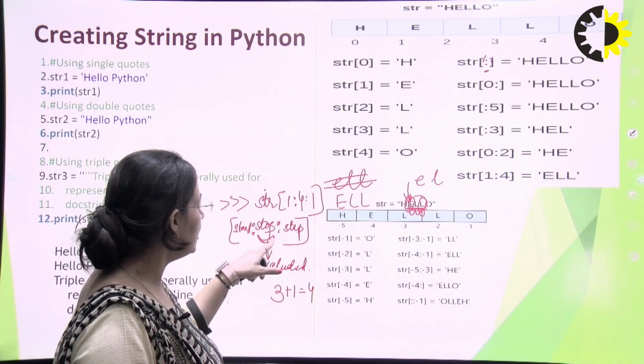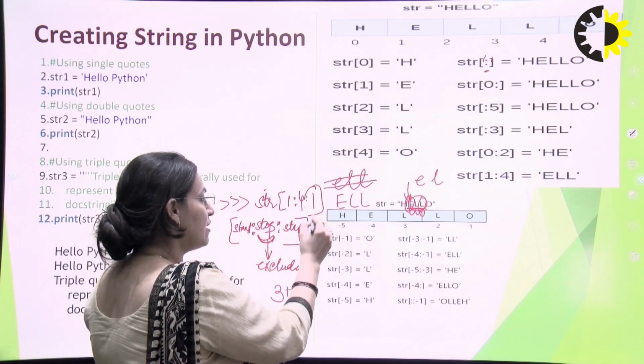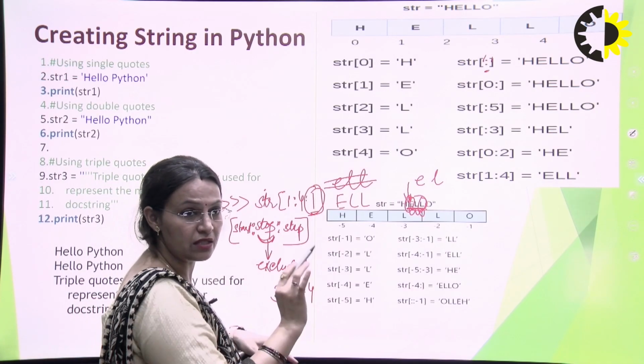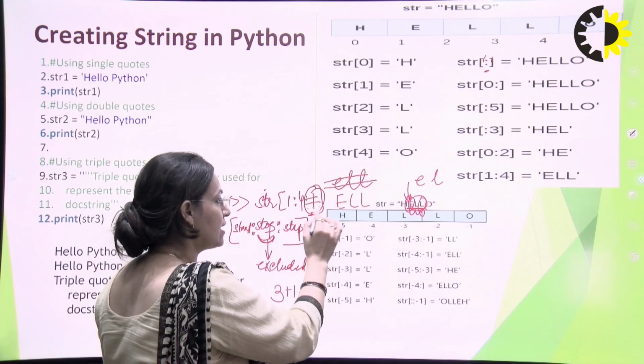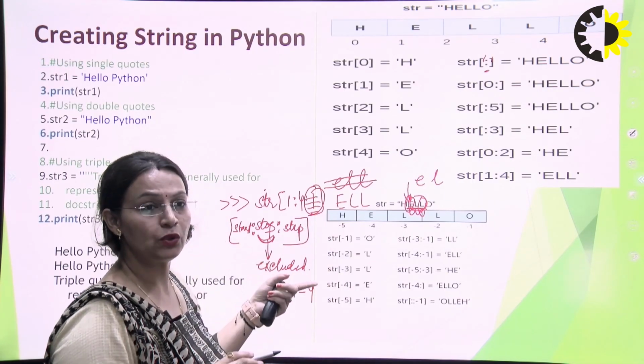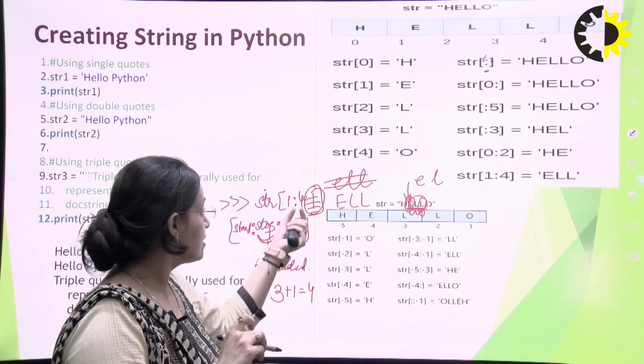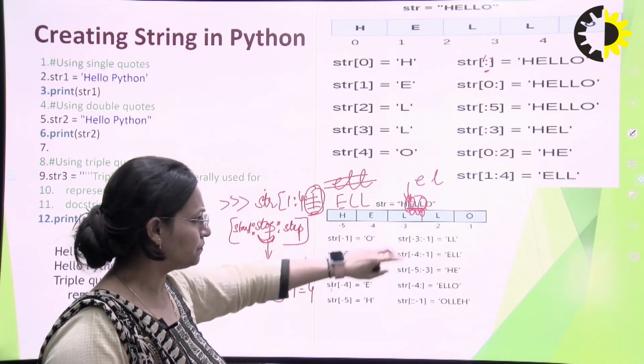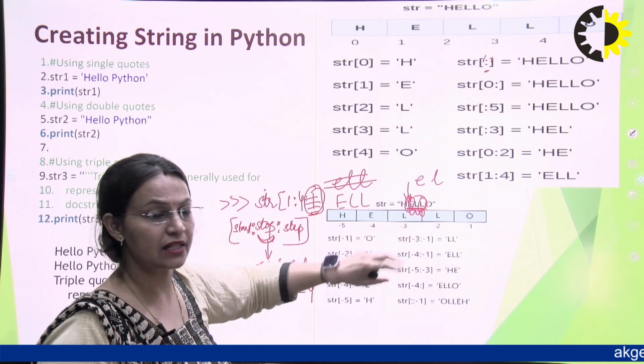But now this step is 1 by default, so we can skip it here. If I want to change the output, then the step will be changed, and we will see that in the next slide as well.